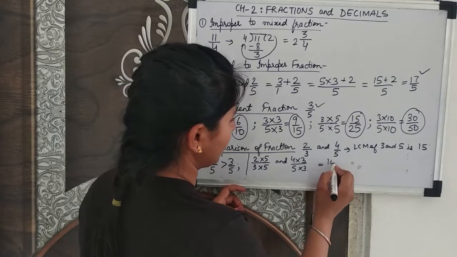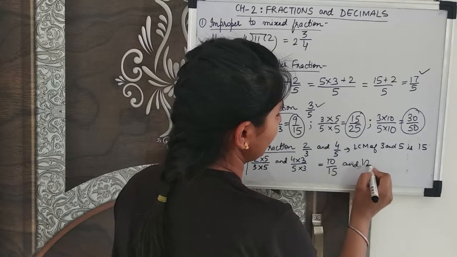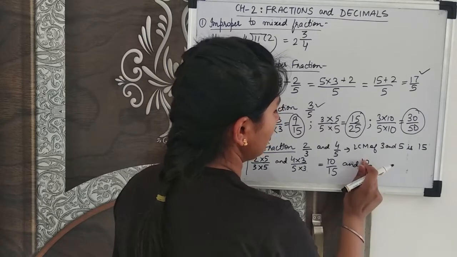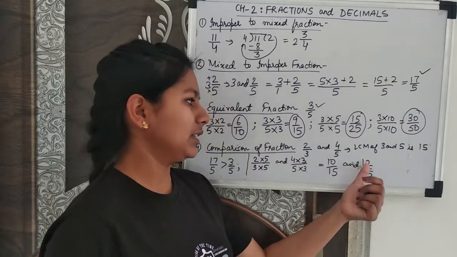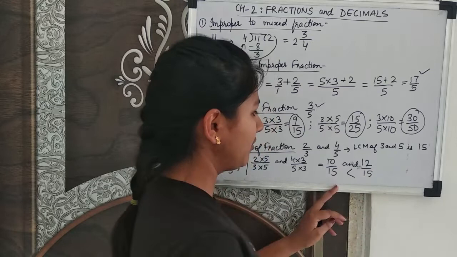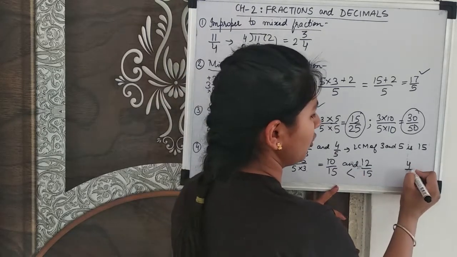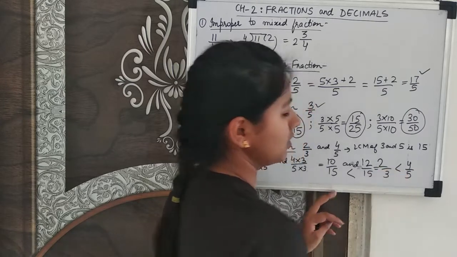So I have 10 by 15 and 12 by 15. Now the denominator is the same, so we can easily compare that 12 by 15 is bigger than 10 by 15, or in other words, 4 by 5 is bigger than 2 by 3.